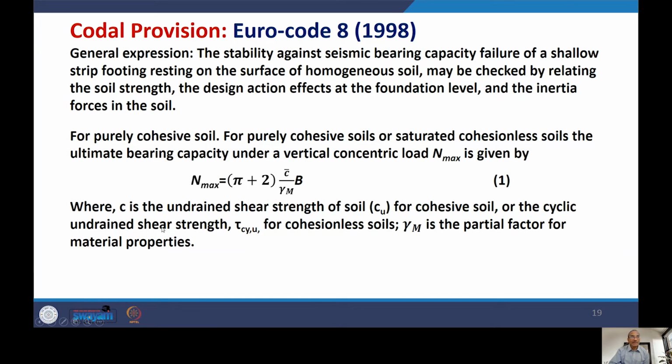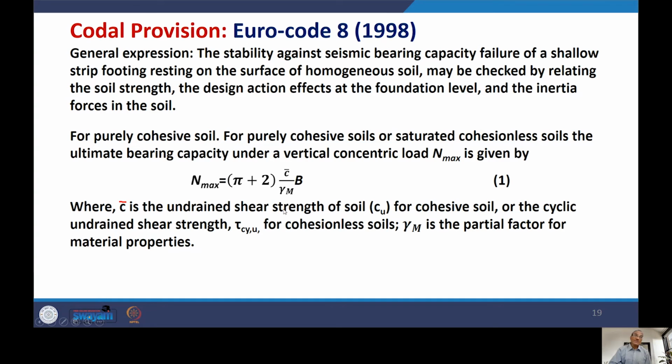Where c̄ is the undrained shear strength of soil, which could be only Cu for cohesive soil, or the cyclic undrained shear strength τcy,u for cohesionless soil, and γM is the partial factor for material properties, and B is the width of the footing. So γM will not have any unit. The unit of Nmax will be that of c̄ into B, which is basically force per unit length, or kilonewton per meter. So this will give you the ultimate load per unit length.